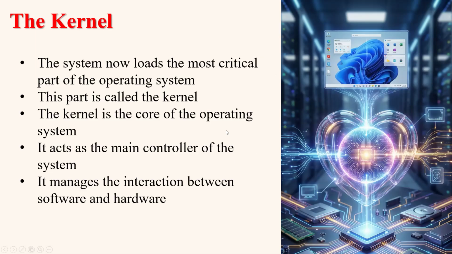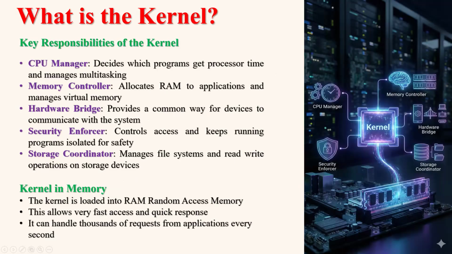So let us try to understand now what its key responsibilities are. First, it acts as a CPU manager. It decides which program gets processor time. Second, it works as a memory controller. It decides how RAM is shared among applications. It acts as a hardware bridge by providing a common way for devices to communicate.